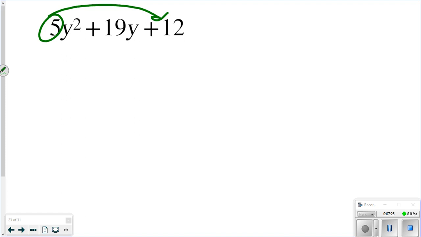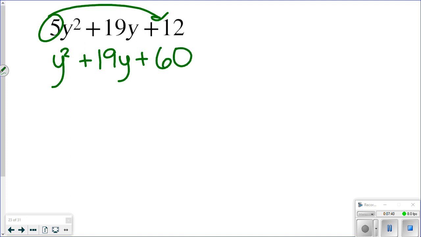Multiply 5 times 12. Remember, we are looking for numbers that multiply to get 60 and add to get 19.